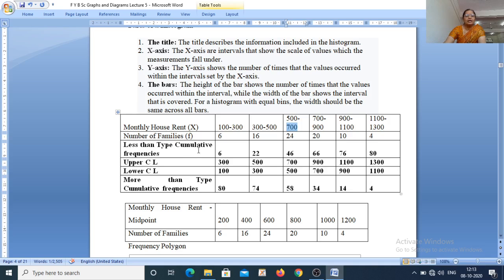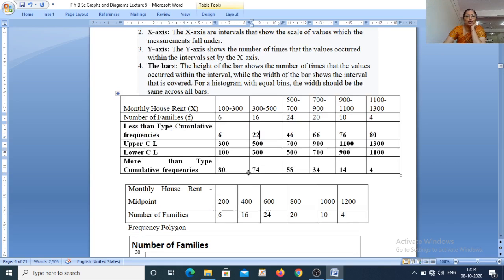We plot less than type cumulative frequencies with the upper class limit, because these frequencies are obtained by considering the upper class limit. So when less than type cumulative frequencies are plotted with the upper class limit, we have the less than type Ogive.